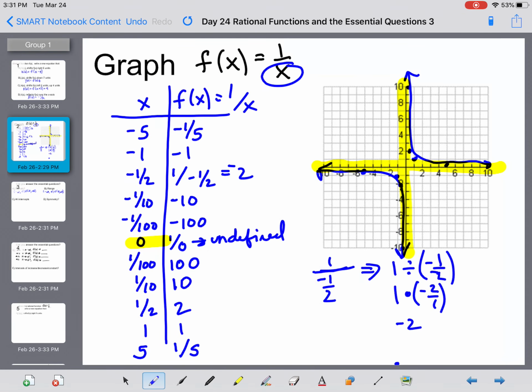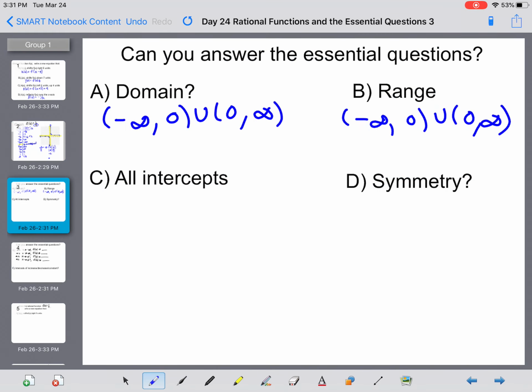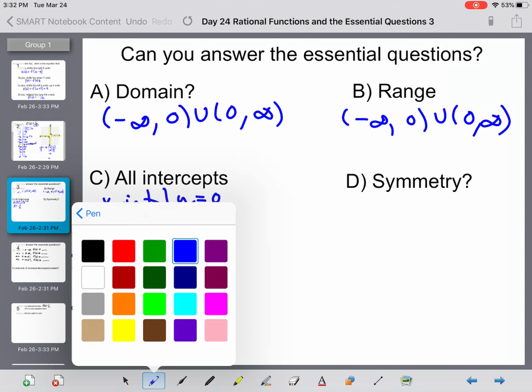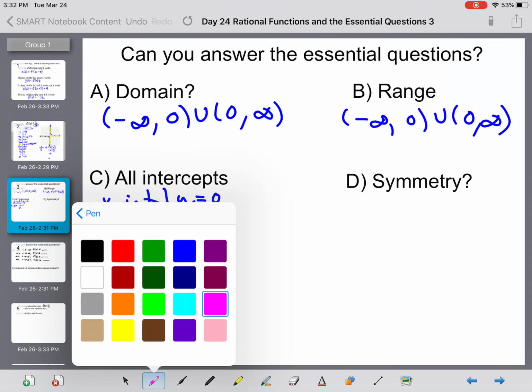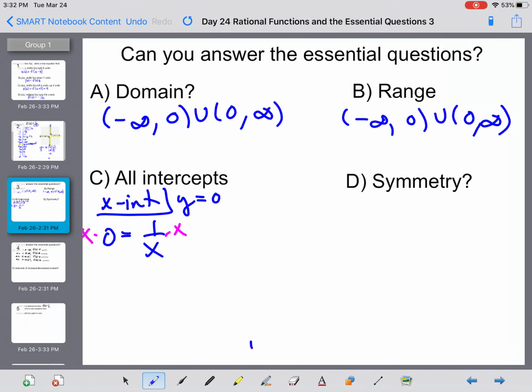As far as intercepts go, just a visual check on this graph, I don't see where it's crossing the x-axis or the y-axis, but you can also verify this just by plugging in and algebraically solving for this. So x-intercepts is when the y value is equal to 0. So if I'm solving this equation, 0 equals 1 over x, notice if I multiply both sides by x to get that x out of the denominator, look at what's going to happen to the x and what kind of statement we're going to be left with. x times 0 is 0, 1 over x times x is just 1, and 0 most definitely doesn't equal 1.